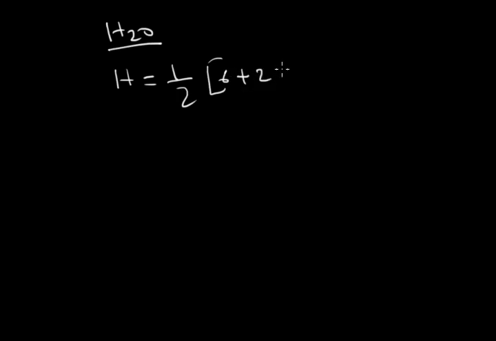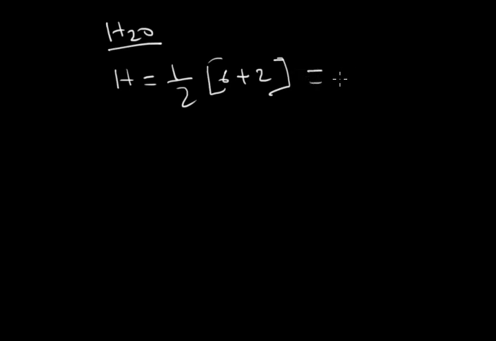Let us consider another molecule, that is water. Here the central atom is oxygen, and the state of hybridization is given by half into (V plus X). V is 6, X is 2, cationic charge and anionic charge is 0.